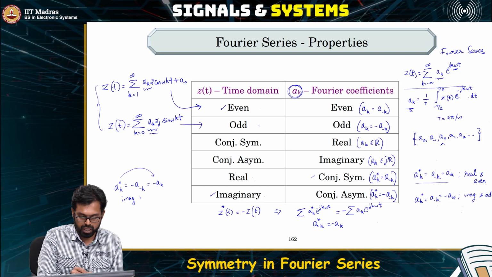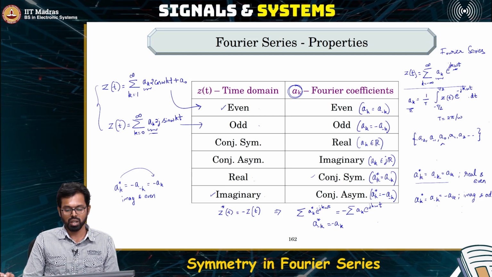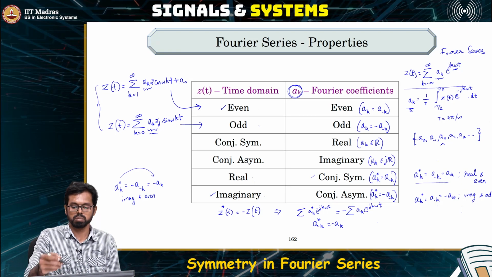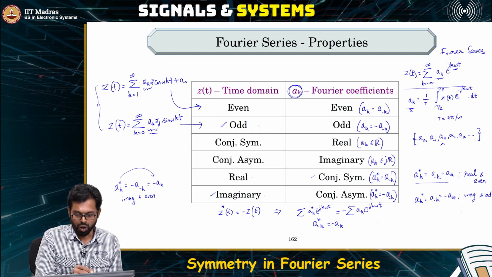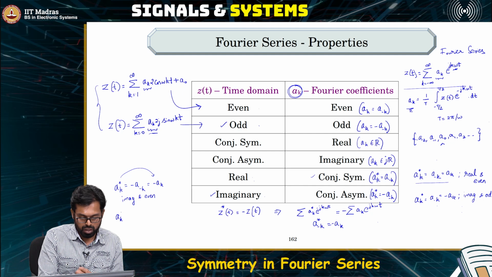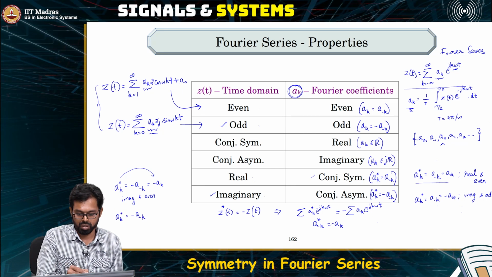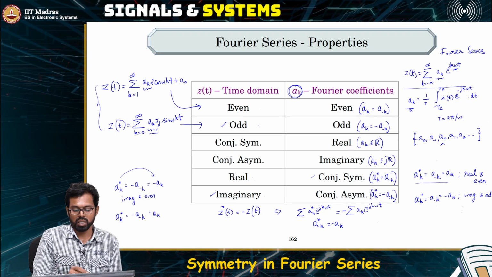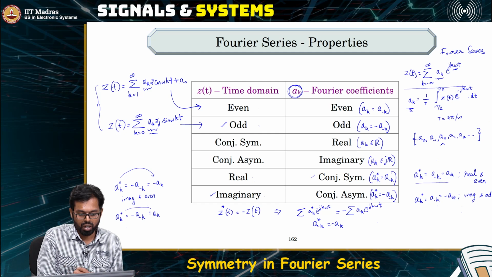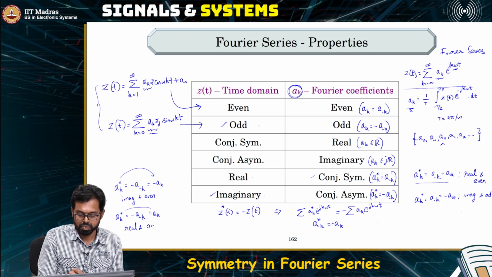So we have imaginary and even coefficients when our time domain signal is imaginary and even. What if the time domain signal is imaginary and odd? Then ak star is equal to minus ak minus k, which is equal to ak, which tells us that the Fourier series coefficients are completely real and odd.